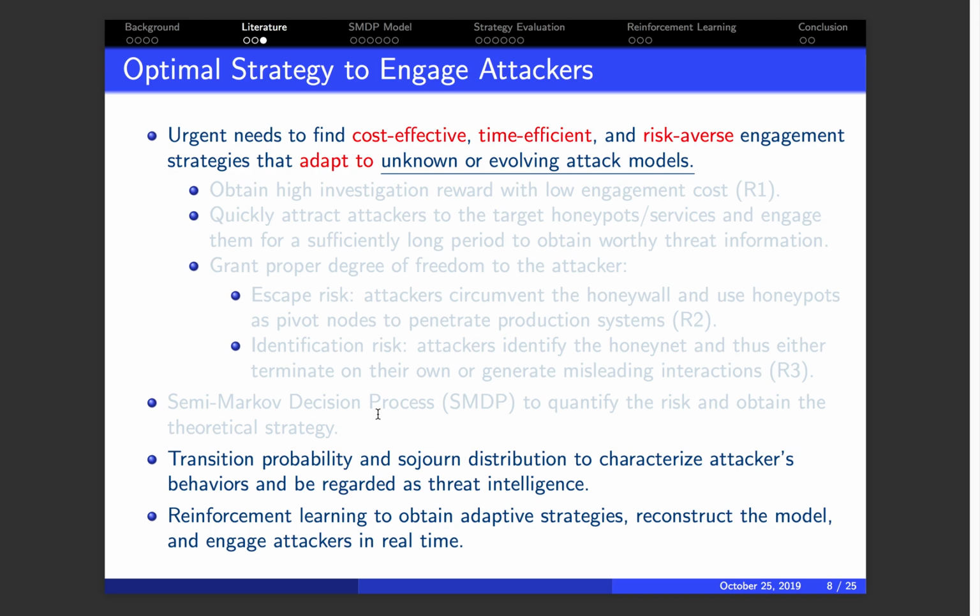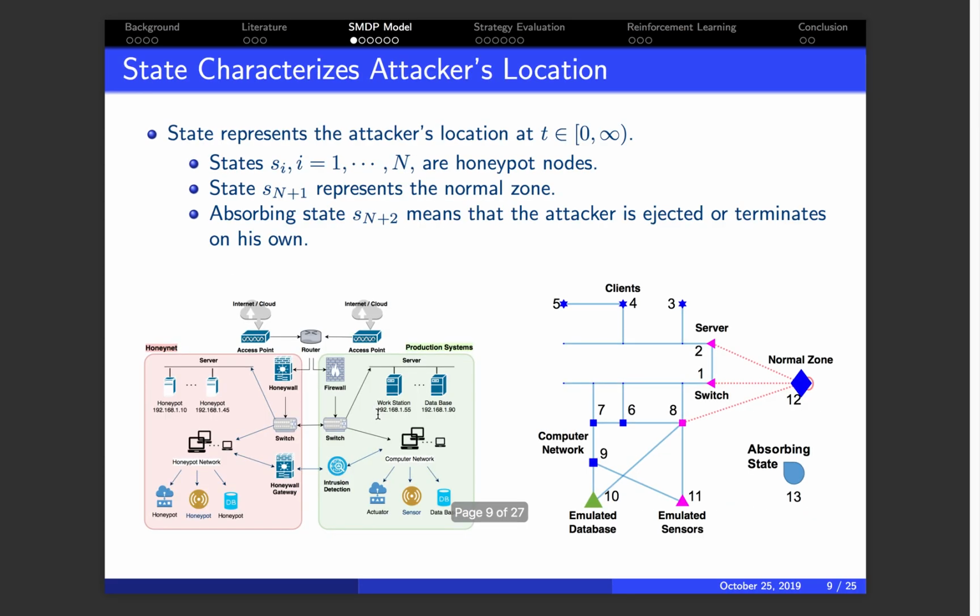That's the reason why we apply reinforcement learning to obtain adaptive strategies and engage attackers in real time. Also, the transition probability and the sojourn distribution, as parameters of the SMDP, characterize attackers' behaviors and can be regarded as threat intelligence, so it will be rewarding to reconstruct the SMDP model from the samples we collect.